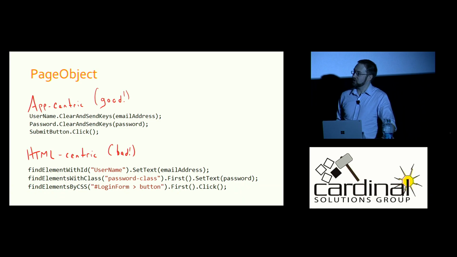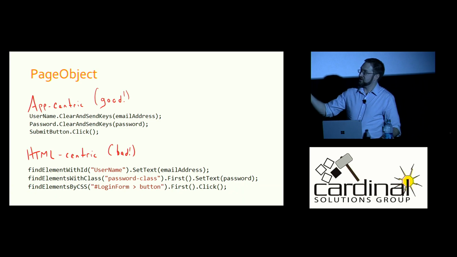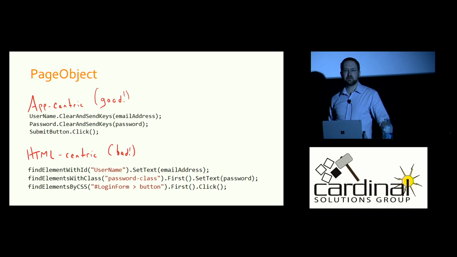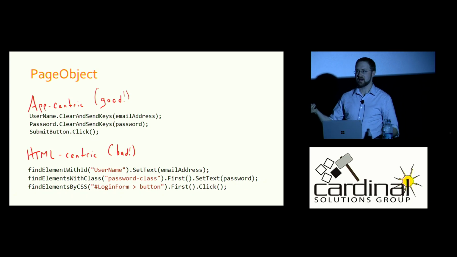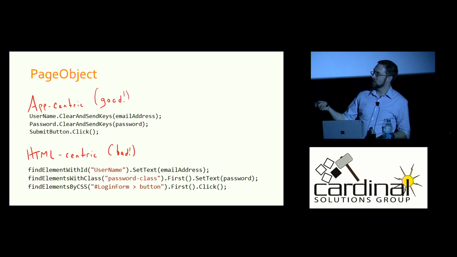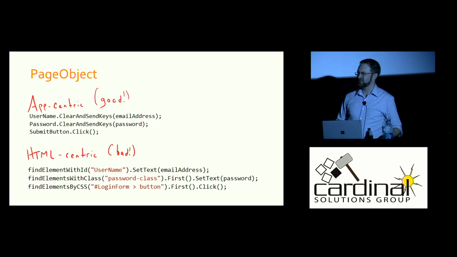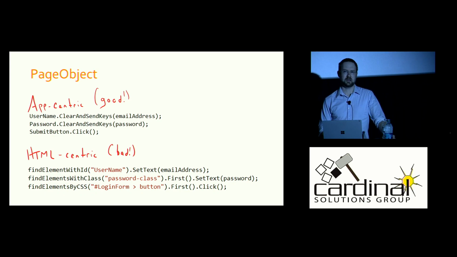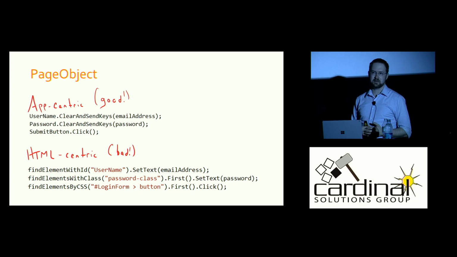An HTML-centric API requires test authors to know how all your fields are implemented. Every time you write a test with an HTML-centric approach, you've got to know: is it username or user-name? Are we using IDs or classes on this page? How am I going to address that thing?